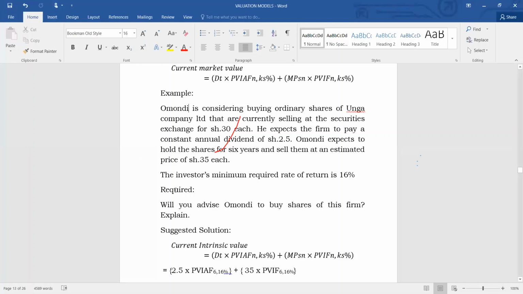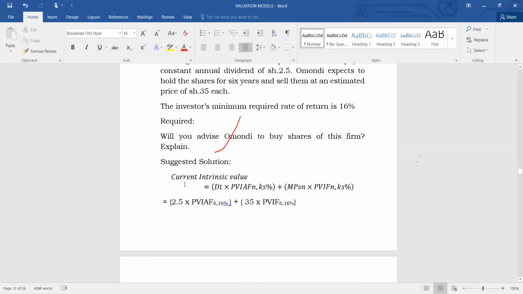So the formula I've given here says current intrinsic value is equal to the dividend, which is fixed, times the annuity factor, plus the market price of the shares at a future time, discounted. The current dividend component is 2.5. You see the question talks about constant.